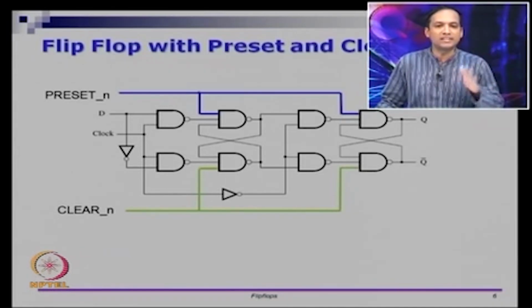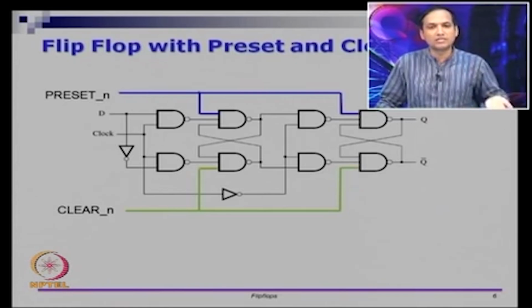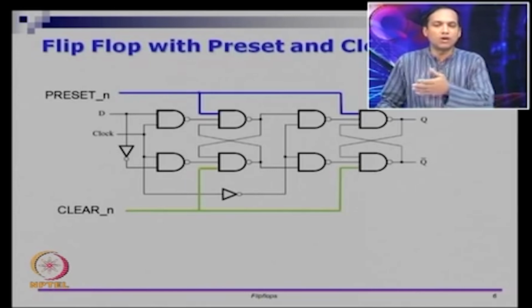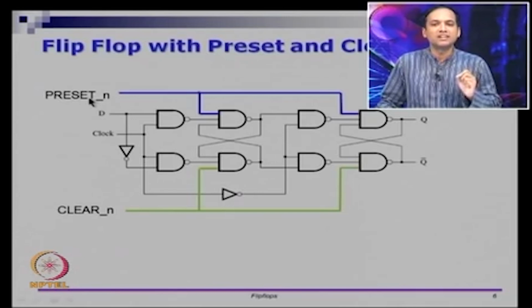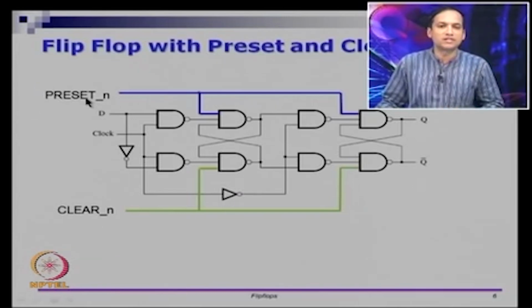This is something you do when the circuit comes up, when you may not have any data input but you want the flip flop to have 1 at the output. In those cases you want to bring a preset. So, a preset of 1 means the flip flop should be set to 1.